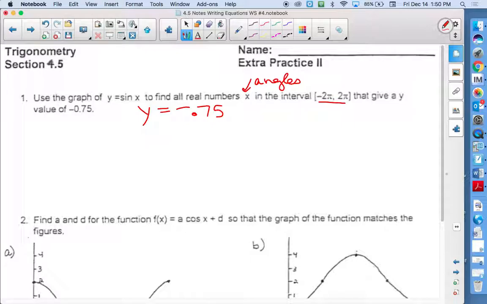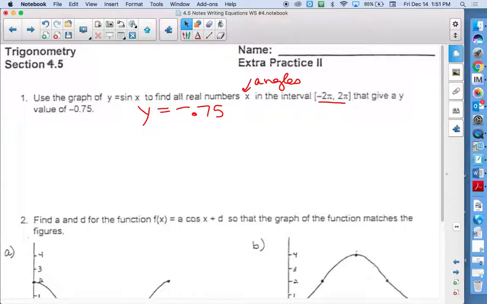So I'm actually going to show you how to use your calculator for this. If you'll take out the calculator. We're going to graph sine with the calculator, and we're going to use the technology to help us find some angles.